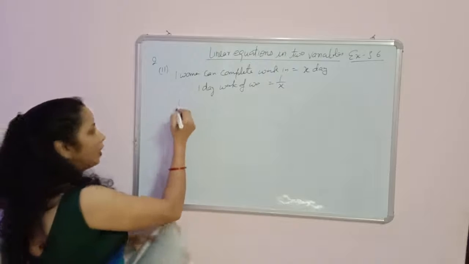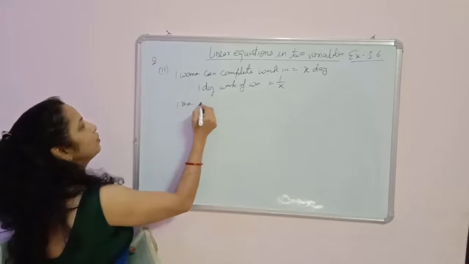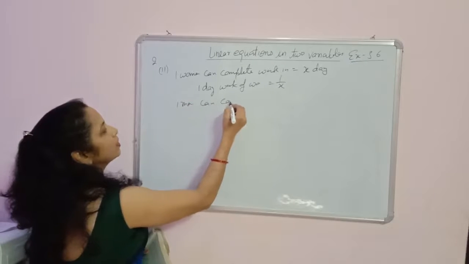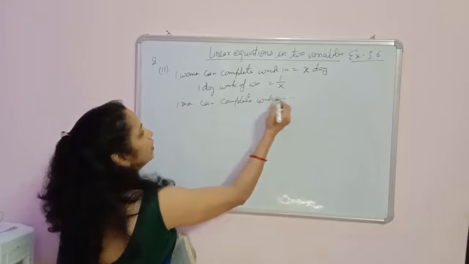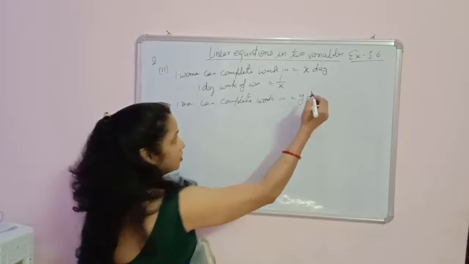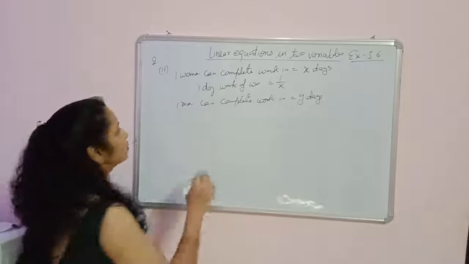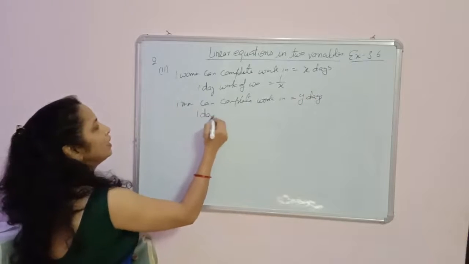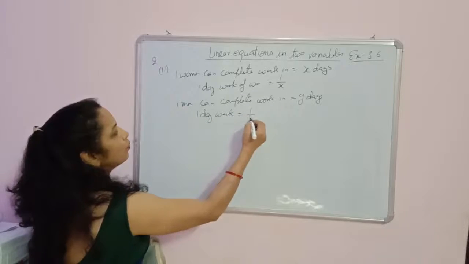Now, one man can complete the work in y days. Suppose one man completes his work in y days. So his 1 day work will be 1 upon y.